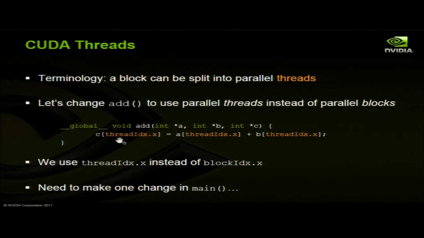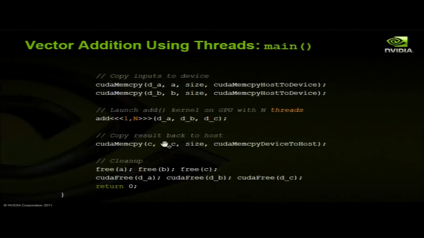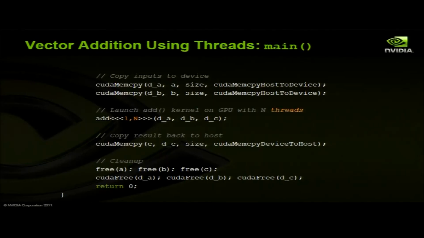The first one is, instead of block index, I am using the thread index, and instead of n comma 1, I am saying 1 comma n. So how many blocks are getting executed? One block having how many threads? N number of threads. The same thing happening, but instead of multiple blocks, now you are launching multiple threads here.